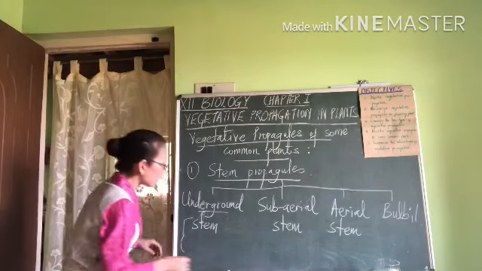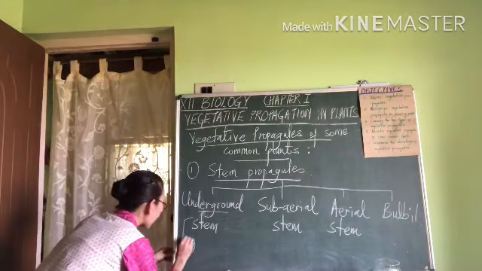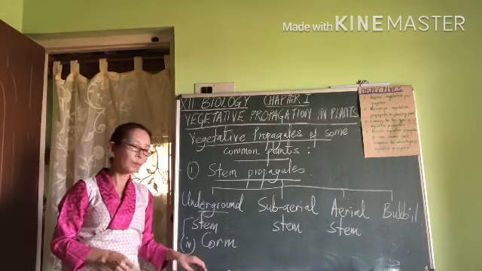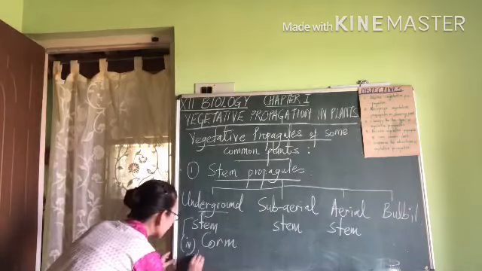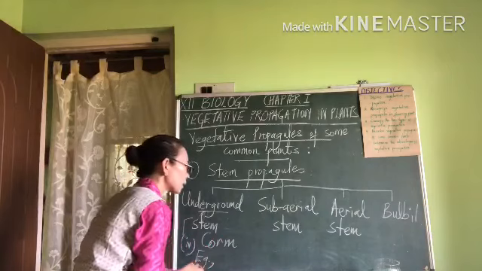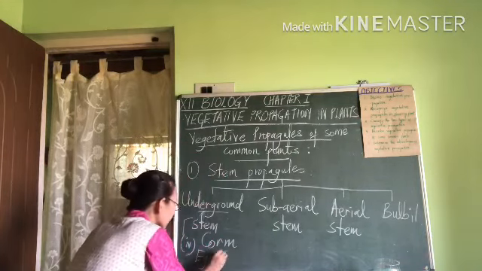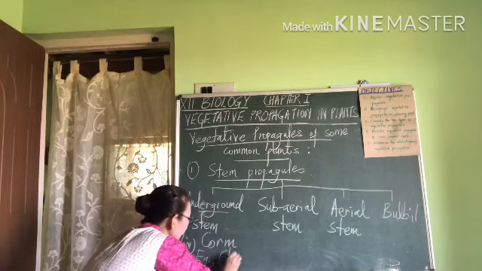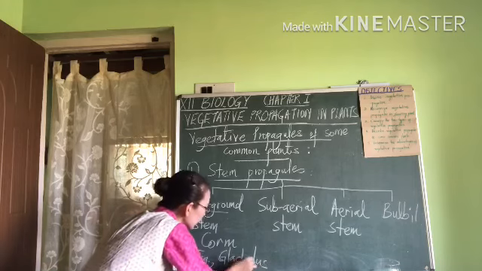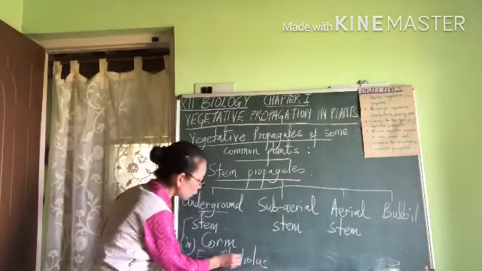Okay, next, to talk about yet another type of underground stem propagule, we have corm, C-O-R-M, corm. These are called corms, and corm is commonly seen in, I'll take up an example, Gladiolus, a flower called Gladiolus.